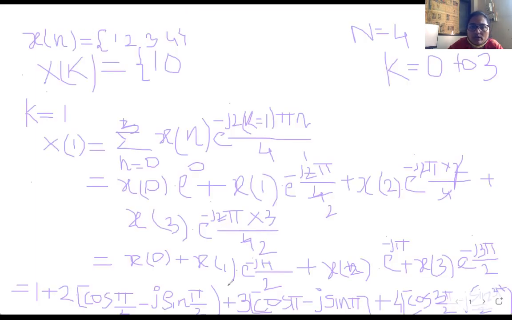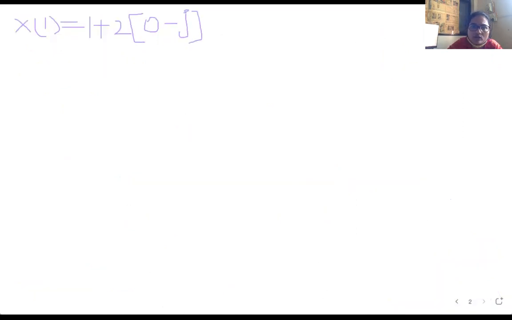So this is going to be 2 into bracket 0 minus j, and the next term I'm going to write here is 3 into cos pi minus j sin pi. So find out the value of cos pi and sin pi. What is the value of cos pi?